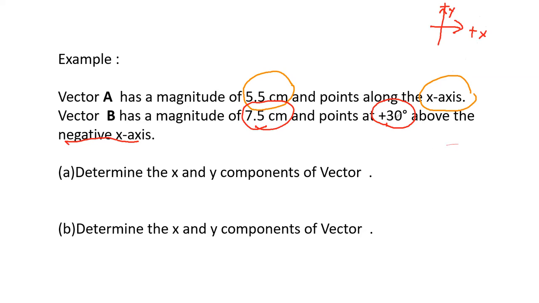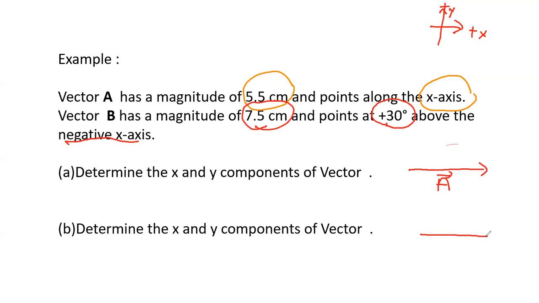Let's draw this. It says along the x-axis. Therefore, I would write my vector A here, and this length is 5.5. How would I draw vector B? Vector B has the magnitude and 30 degrees above the negative x-axis.